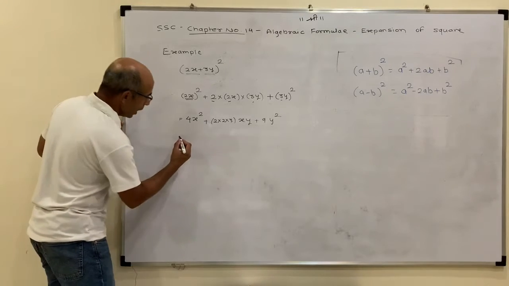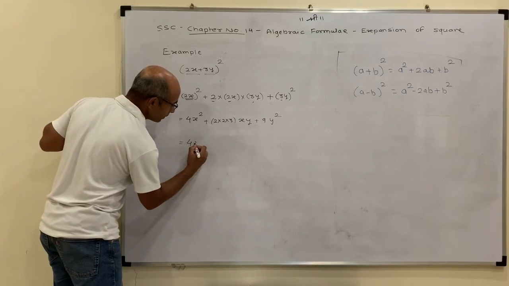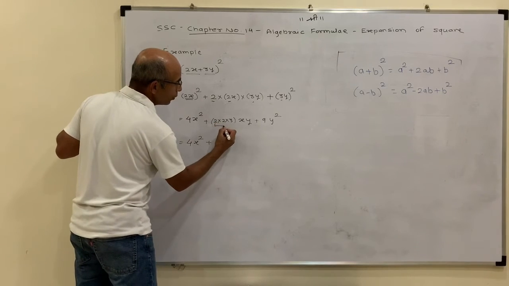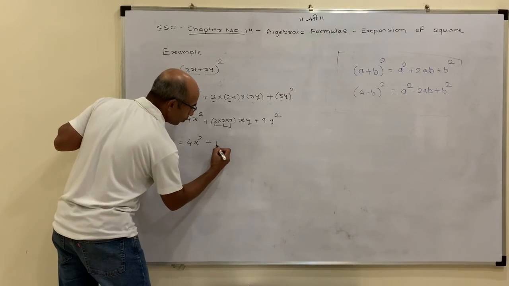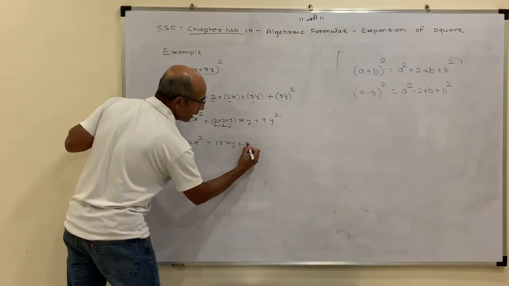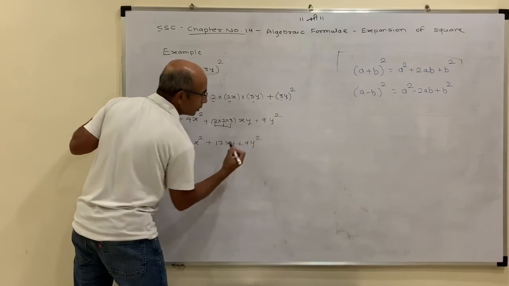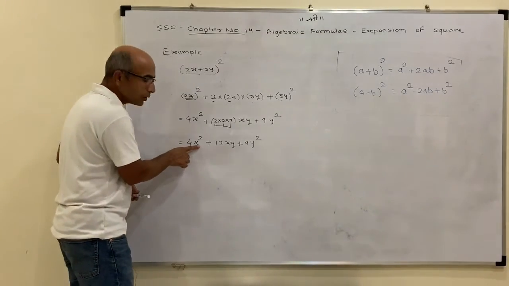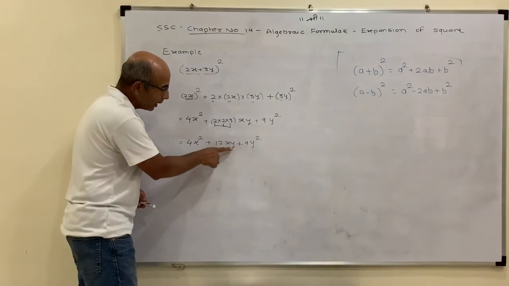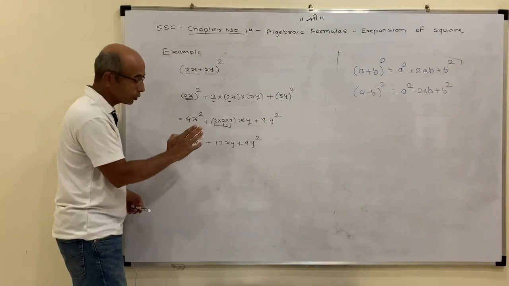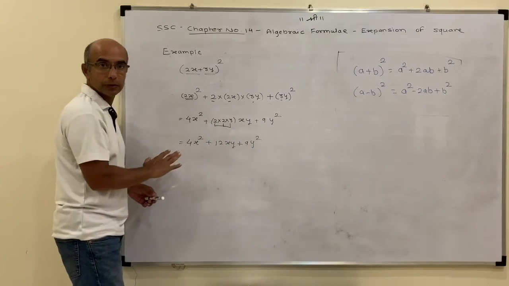Got it? So now one more step of simplification: 4x² plus 2 into 2, 4 into 3, 12xy, plus 9y². Since x² is a different term, xy is a different term, and y² is a different term, we can't add coefficients.